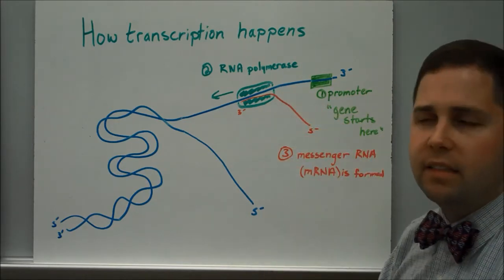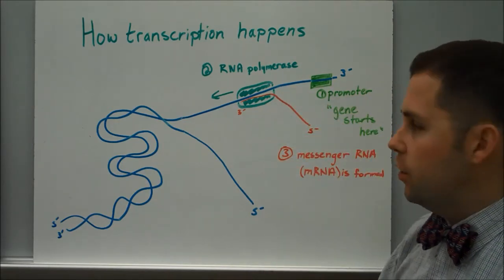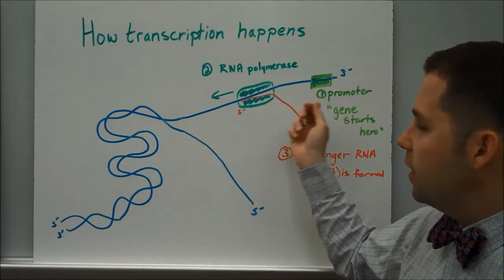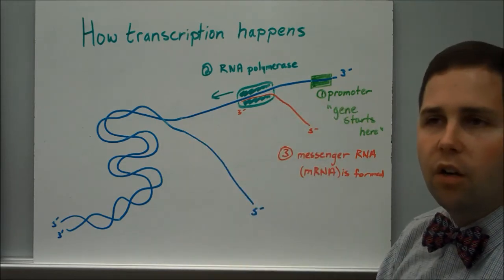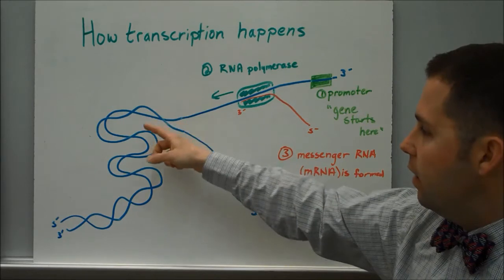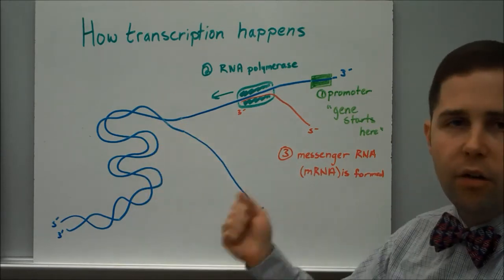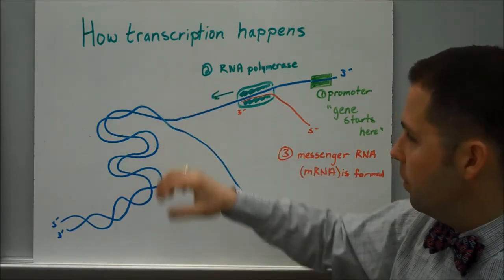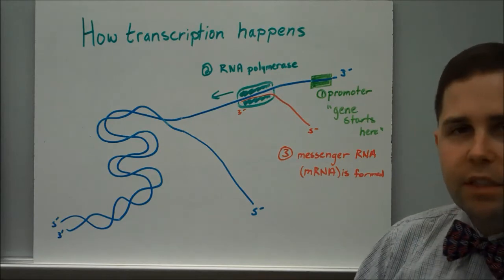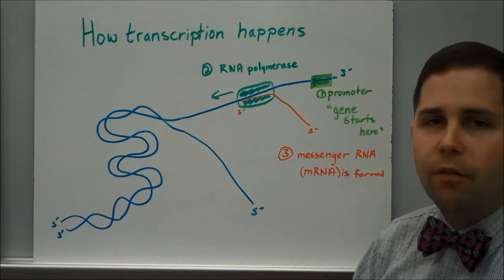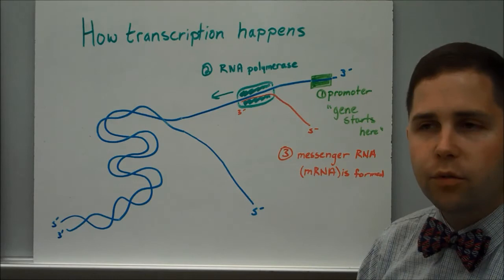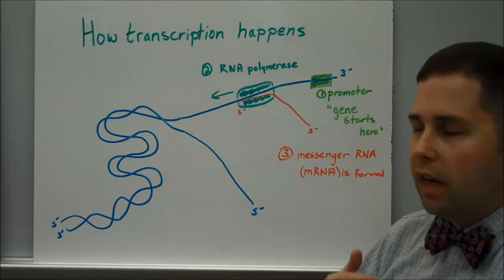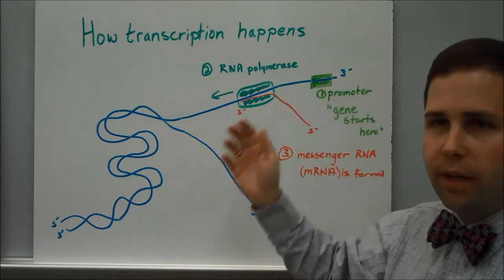Now this RNA is going to be very much shorter than the DNA molecule, and this polymerase will continue along until it reaches a point in the DNA where it can no longer continue, for example, the edge of this replication fork, or sometimes it just eventually reaches the end of how far it can go with the tools that it has, and it falls off. So these things are constantly going and falling off.